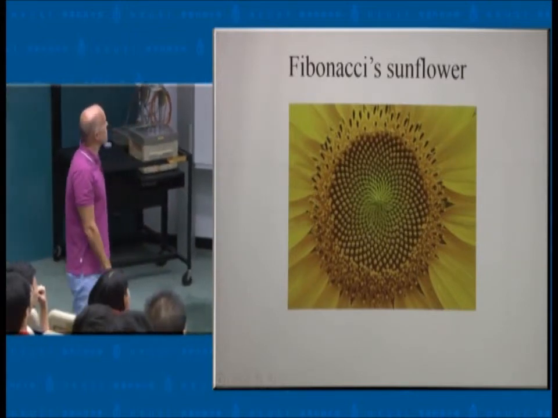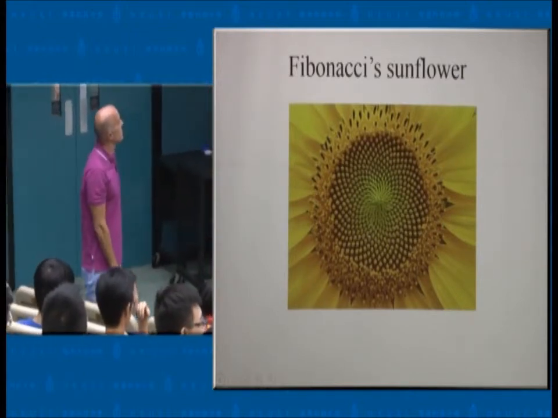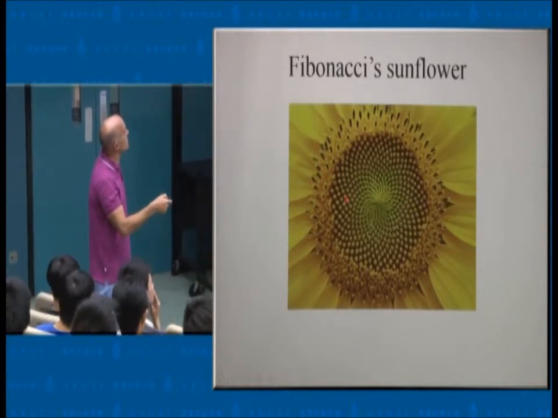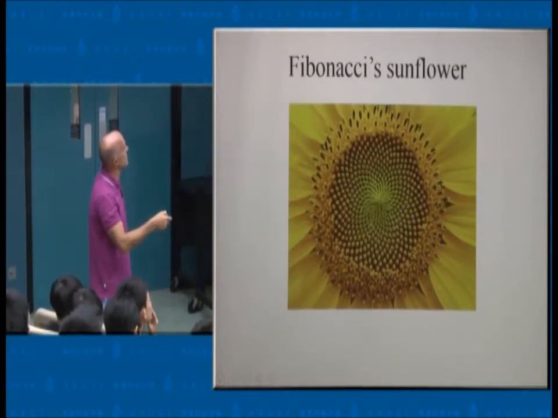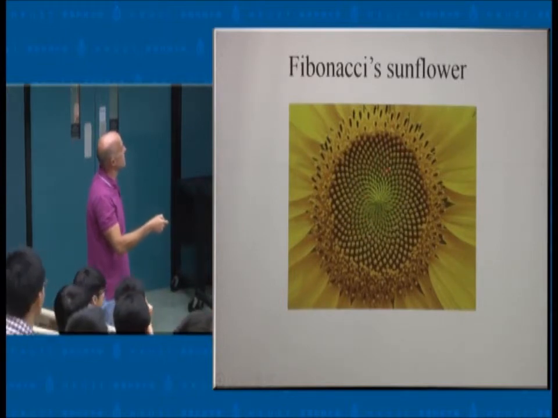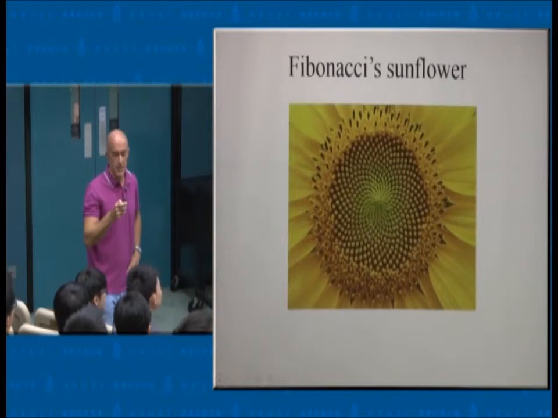When you look at this head, what do you see? You see spirals, right? But then if you look the other direction, oh, here's spirals too, right? You have spirals going this way, counterclockwise, and you also have spirals going this way, clockwise, right?